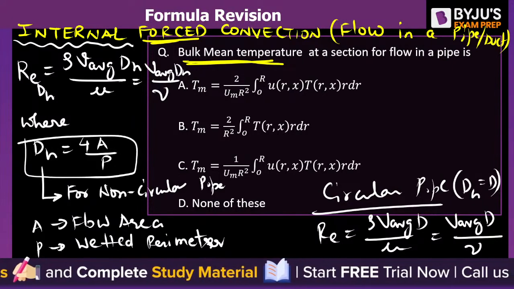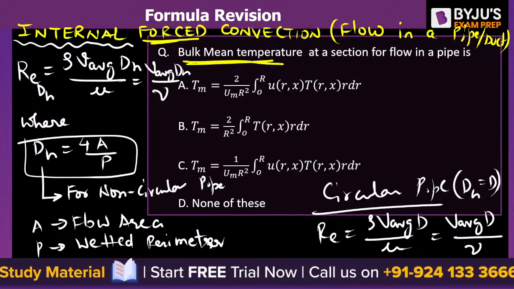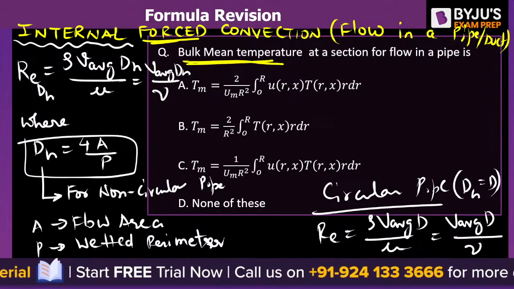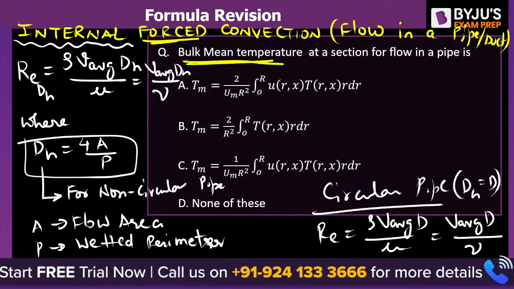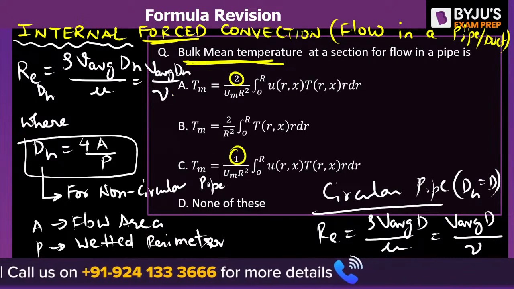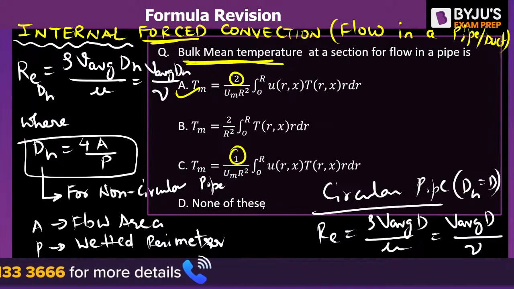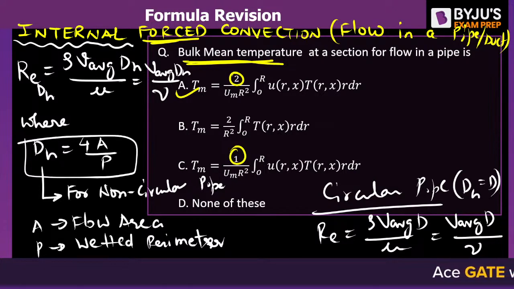It will be 2 by R square. It will not be C. It will be A. The difference between A and C is only the numerator. A is the correct answer. If the average velocity and local velocity were the same, then option B would have become the correct answer.